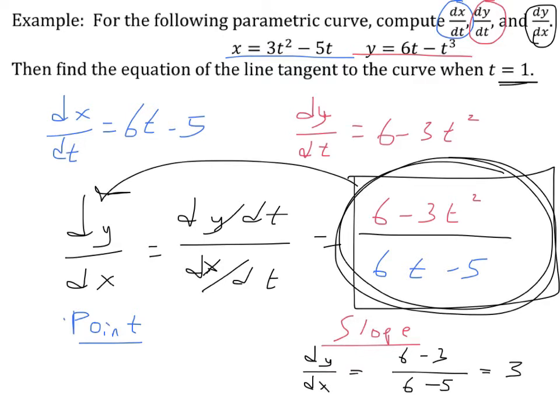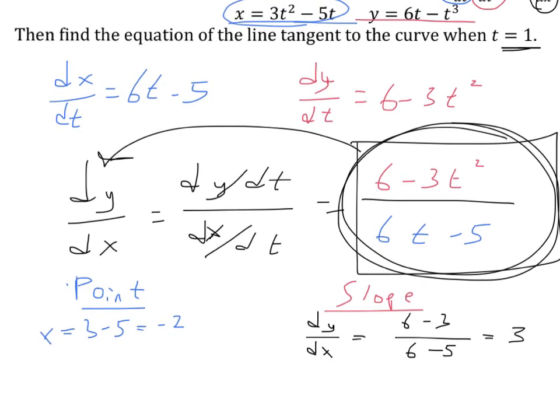Now I hope that my first video in the sequence was enough to sort of show you what you're going to need to do to find the point. Right? We want to find the point when time is 1, so we'll plug 1 in. We'll evaluate our x and our y parametric functions when t equals 1. So for x, we'll end up with 3 minus 5, which is negative 2.